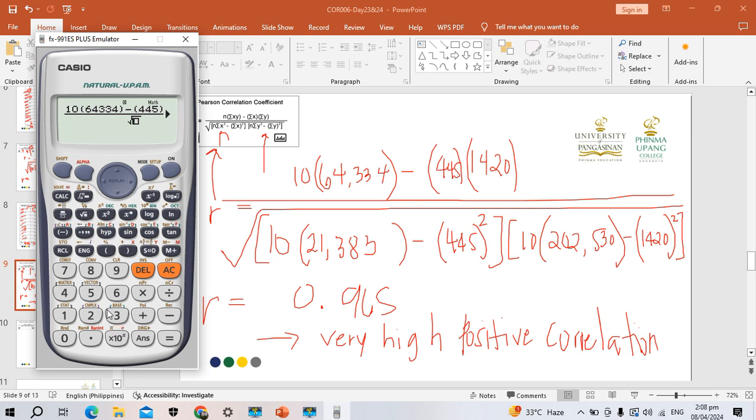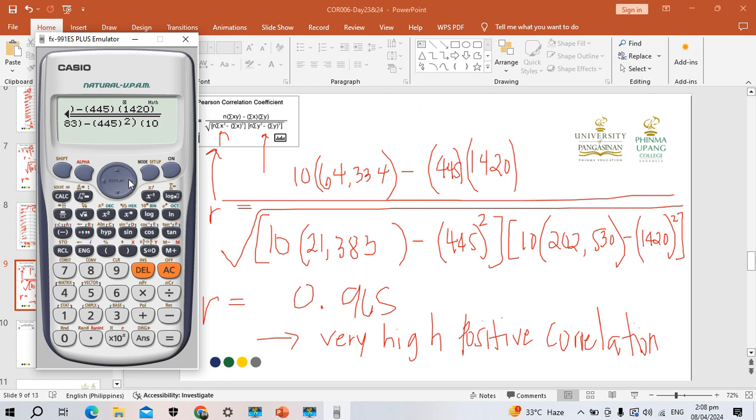Okay, next. Open 10. Open 21,383. Close minus open 445. Open. Close. Open. Tapos, meron tayong 10. Sorry, mali yung pinag-close ko dito. Yan, dapat ganyan. Squared yan eh. O, tama pala.